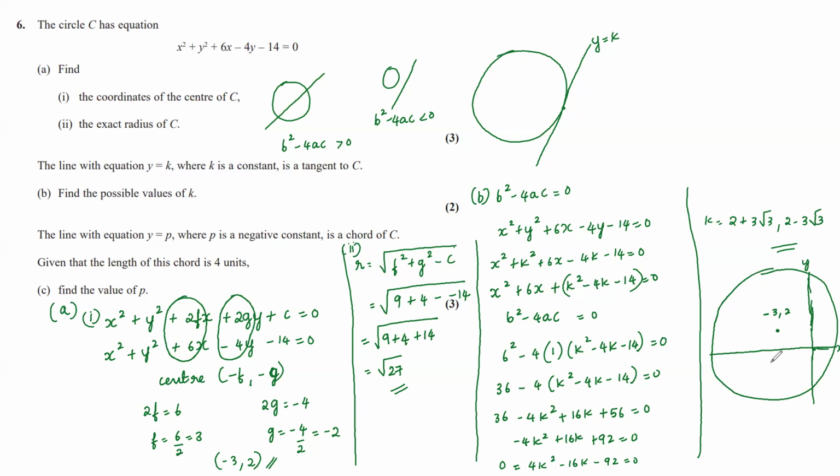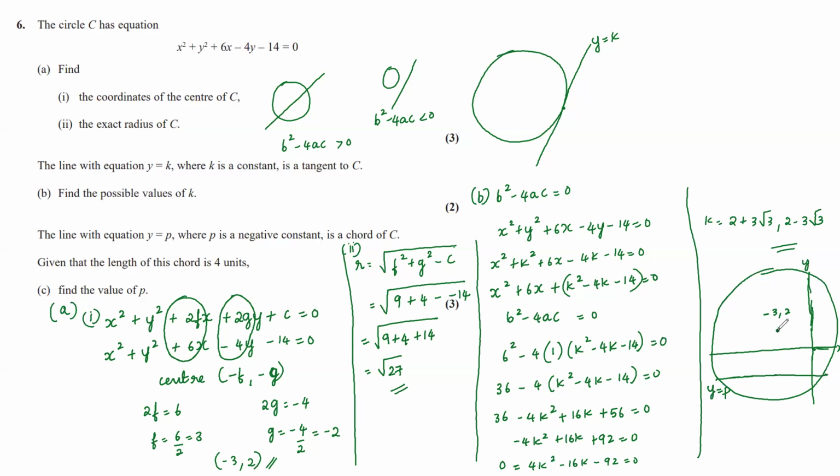Now here it says that we have a line with equation y is equals to p, p is a negative constant. So y is equals to p means it is parallel to the x-axis. This is the line, and the equation of the line is y is equals to p here. And it is given that the length of the chord is 4 units.